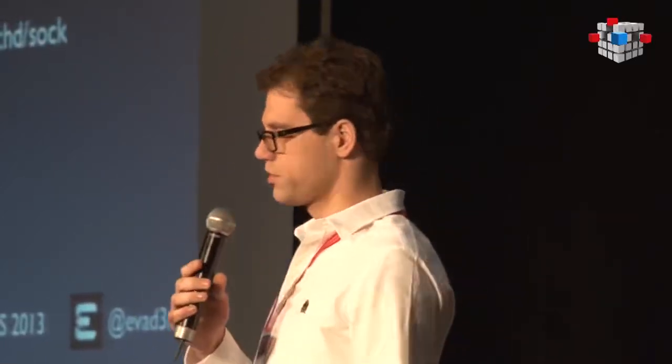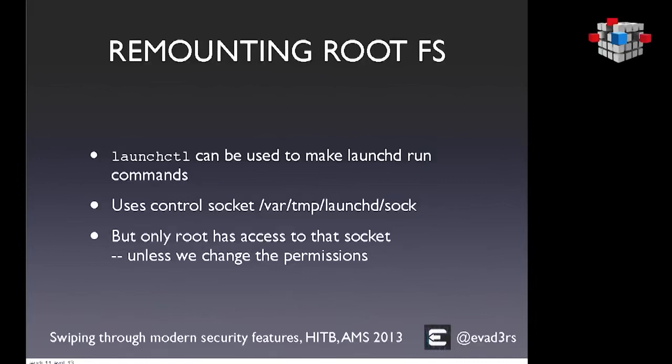During our research, we found out that we can use the launchctl command to make launchd run commands. This works through a control socket that's created by launchd. If we execute the launchctl command, it will talk to the socket and thus talk to launchd.